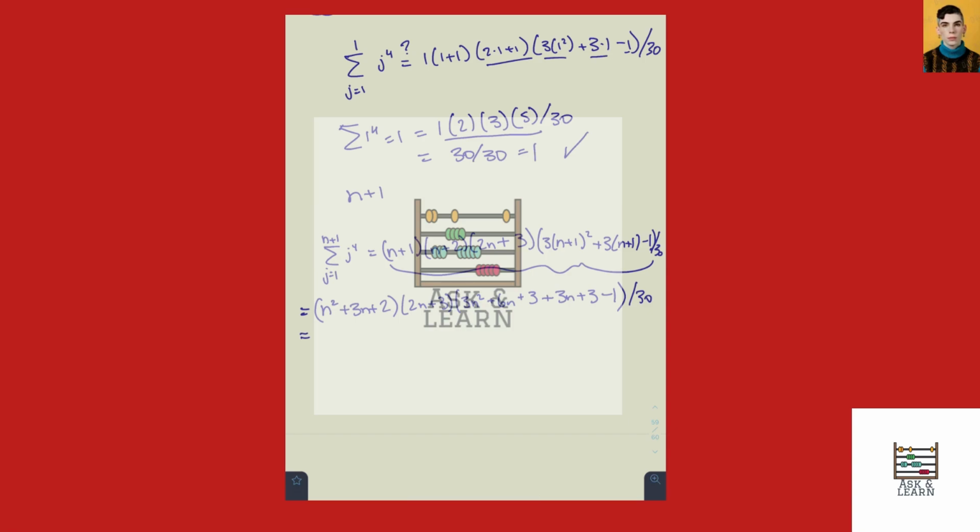We'll simplify this even further, so we'll get 2n cubed plus 3n squared plus 6n squared plus 9n plus 4n plus 6. And this is all going to be multiplied by 3n squared plus 9n plus 5 over 30.